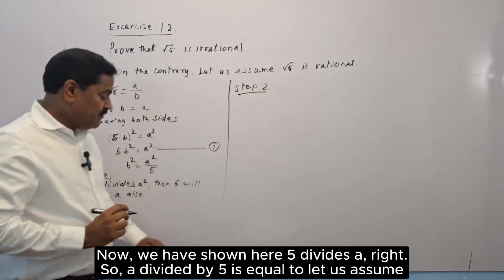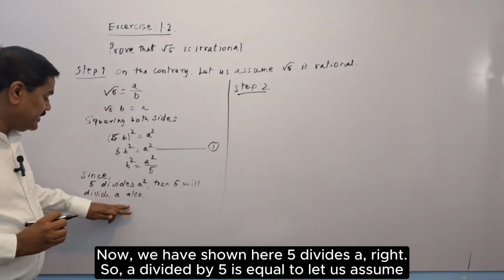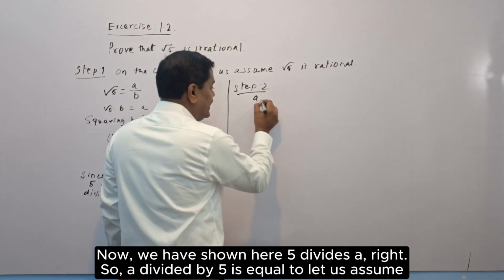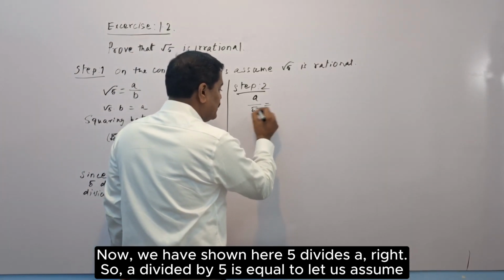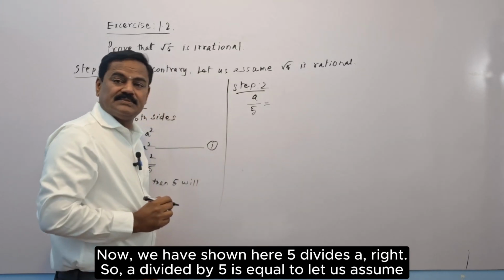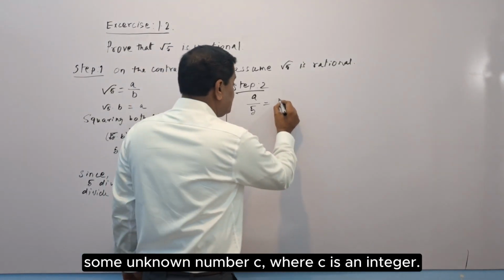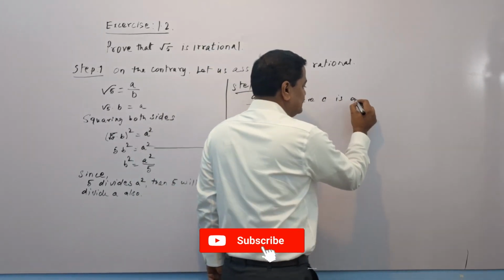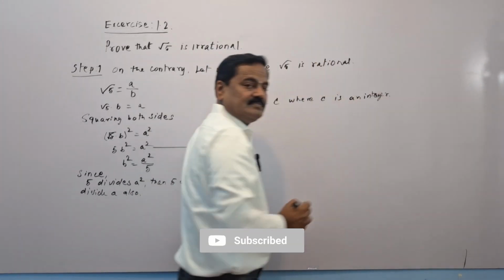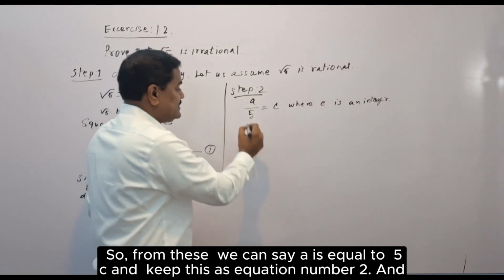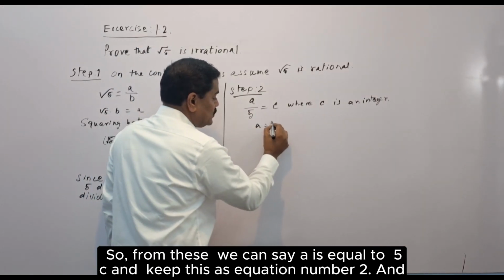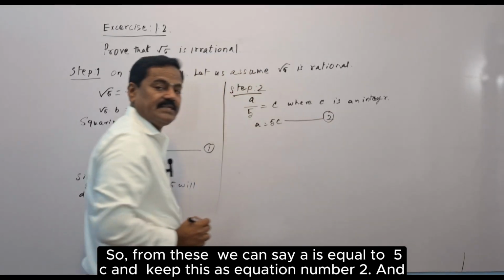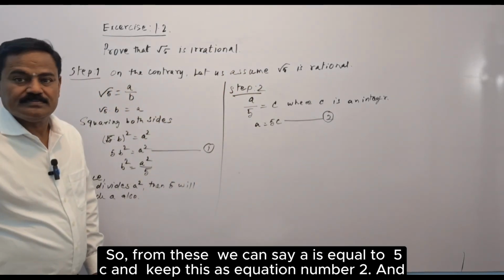We have shown here 5 divides a. So a divided by 5 is equal to some unknown number c, where c is an integer.